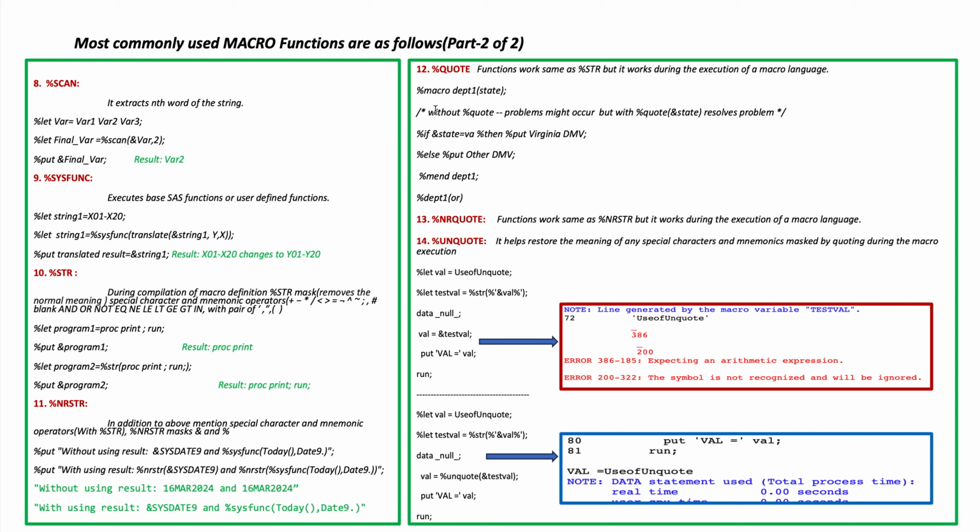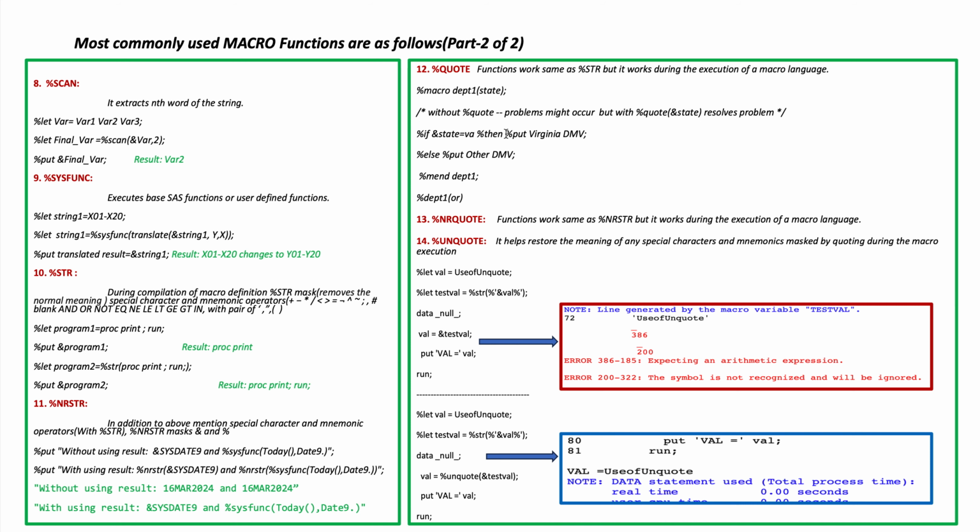We are using one macro code by using %macro. dpt1 is the macro name, state is the macro variable, and we are using a logical condition here. %if &state = VA %then %put Virginia DMV.